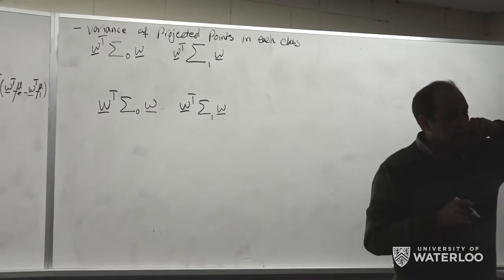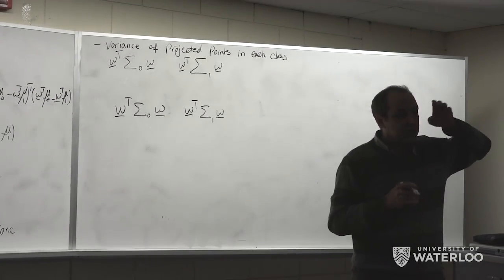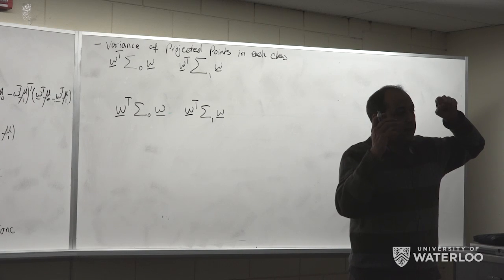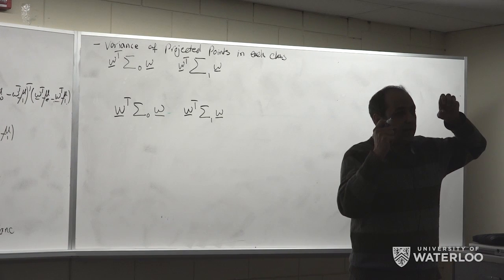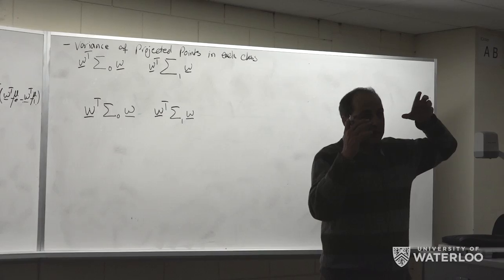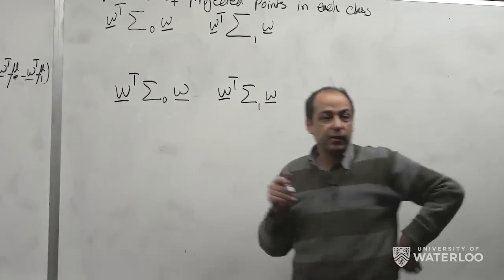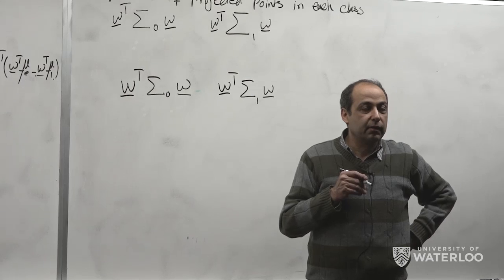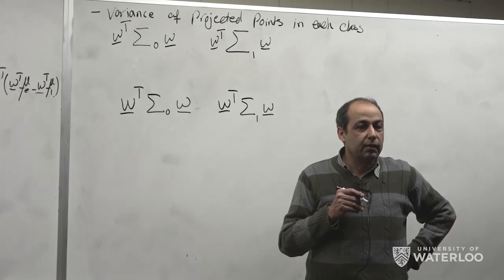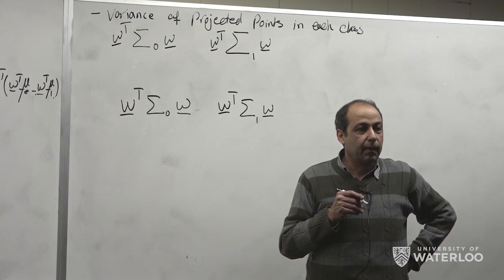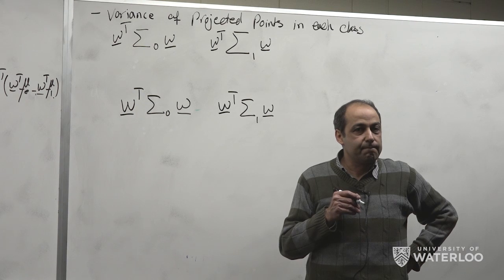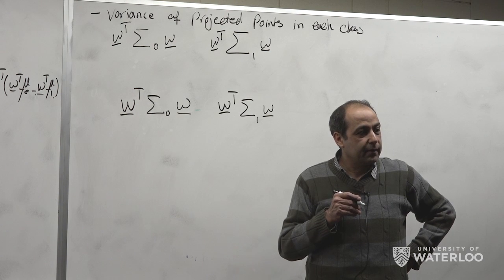So can you suggest an objective function that I can work with to find W, which minimizes these two terms? Yes?